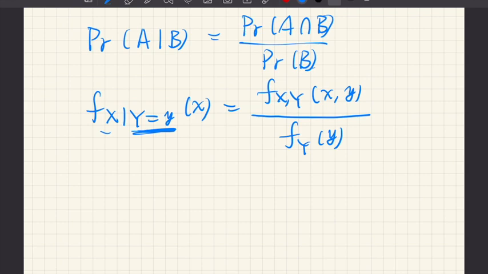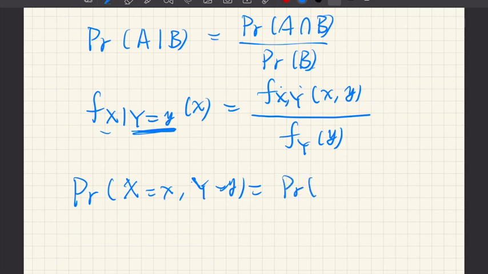And of course, if the random variables x and y are independent, in the discrete case, if this joint probability can be split into two parts, which contain only x and the other contain only y, then they are independent. And similarly for continuous random variables.